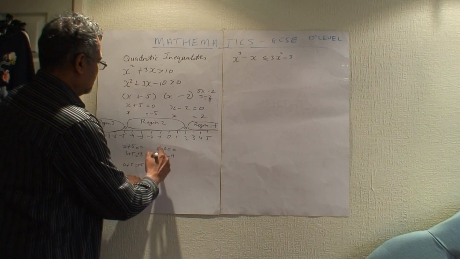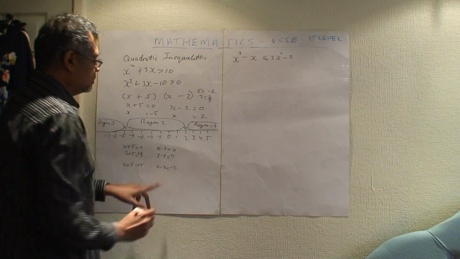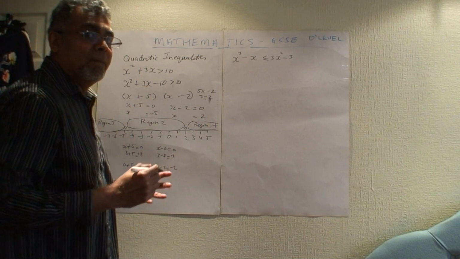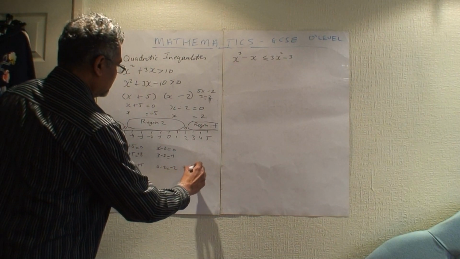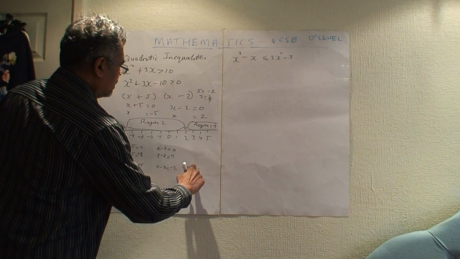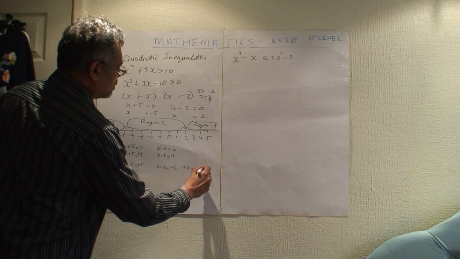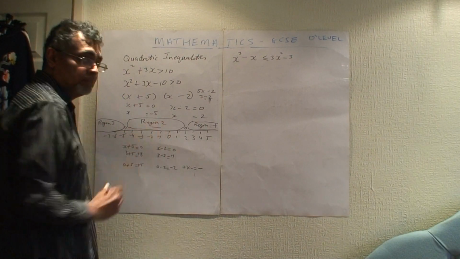Substituting here, 0 minus 2 is equal to minus 2. Now we have a positive and a negative, so we multiply those values. A positive multiplied by a negative gives you a negative value. So this region here is negative.